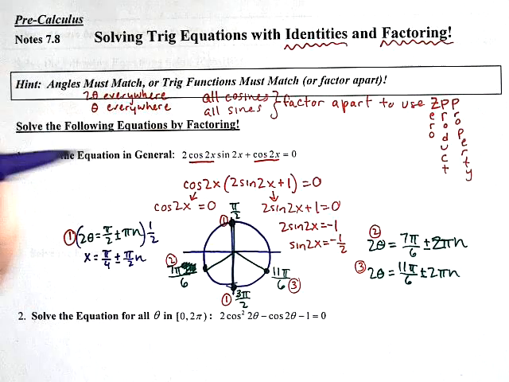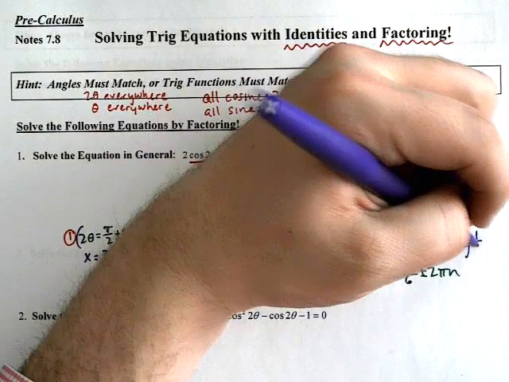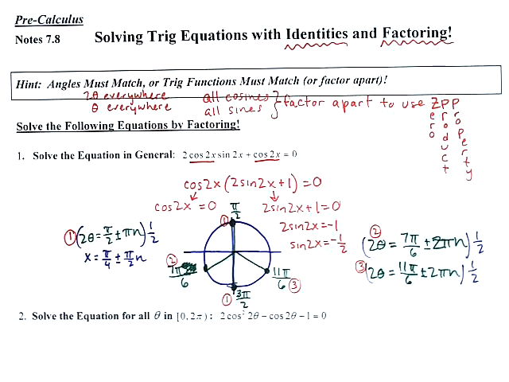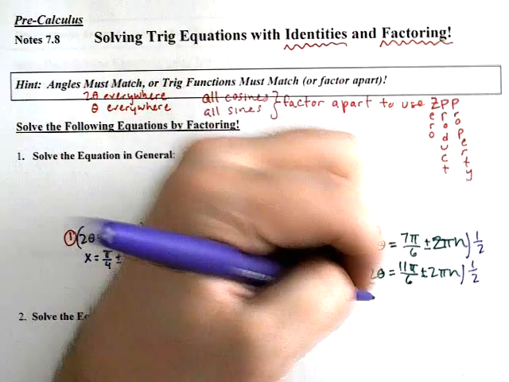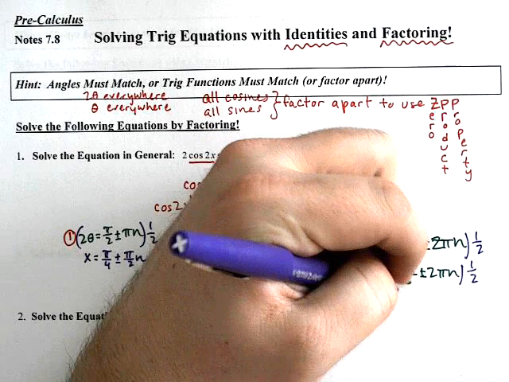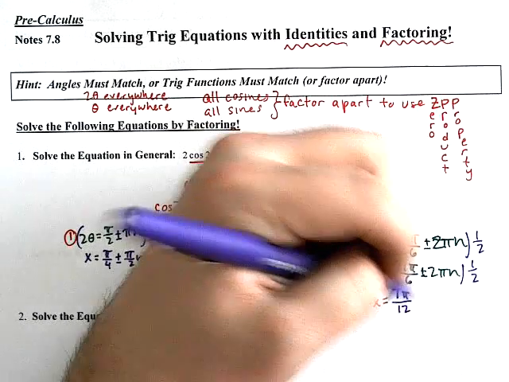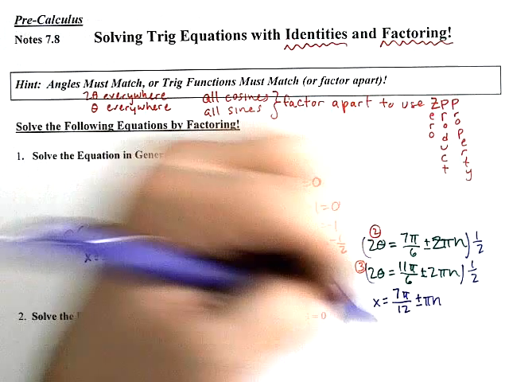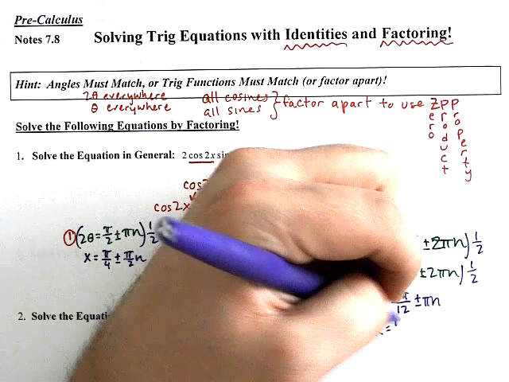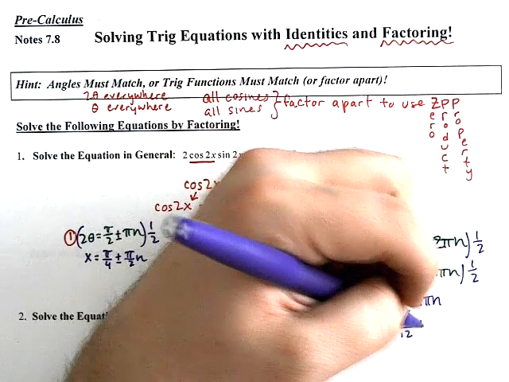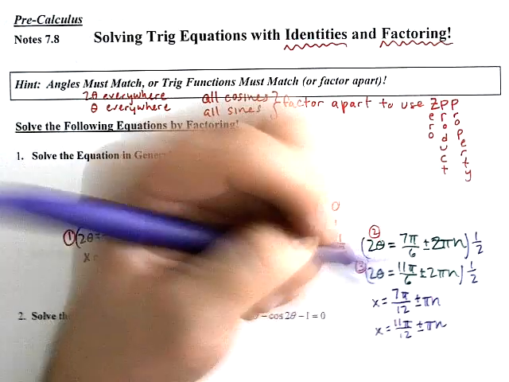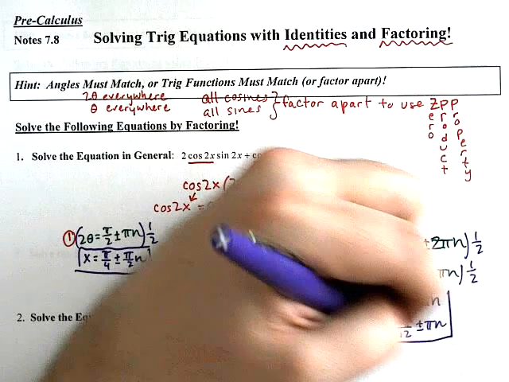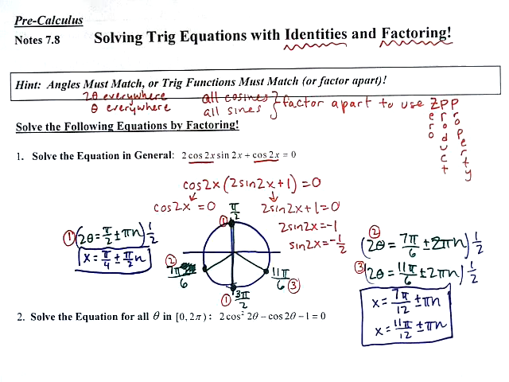Then I do the same thing with both of these, multiply by 1/2, and I end up getting x equals 7 pi over 12 plus or minus pi n. And my last one, x equals 11 pi over 12 plus or minus pi n. So I have this equation and then these 2 equations as my finals.